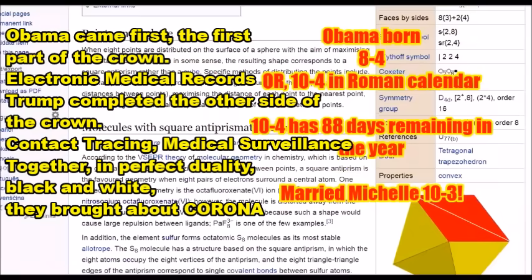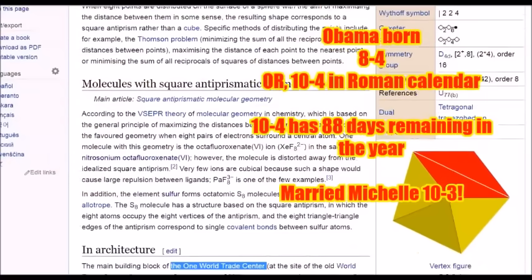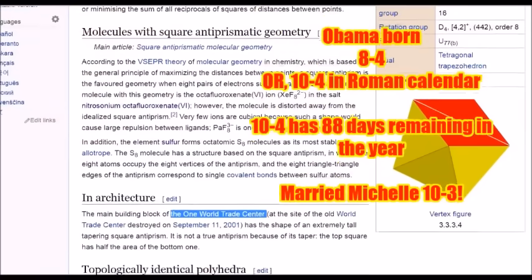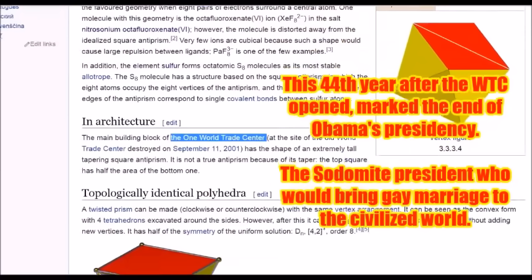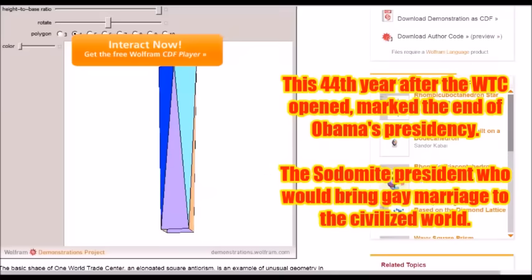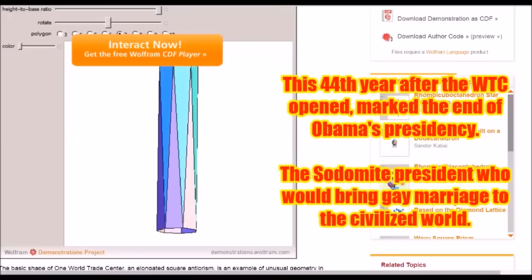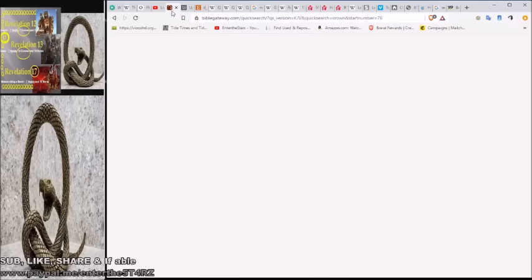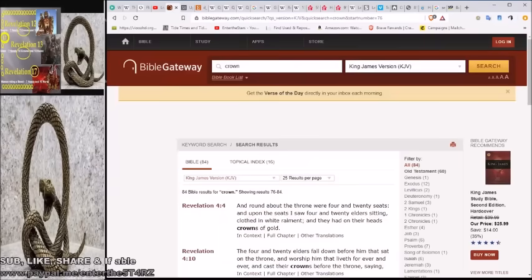We are at 44 years since the World Trade Center opened in 1973. And everything is all about the crowns, right? Well, the crown Cyrus really did bring about 1984.